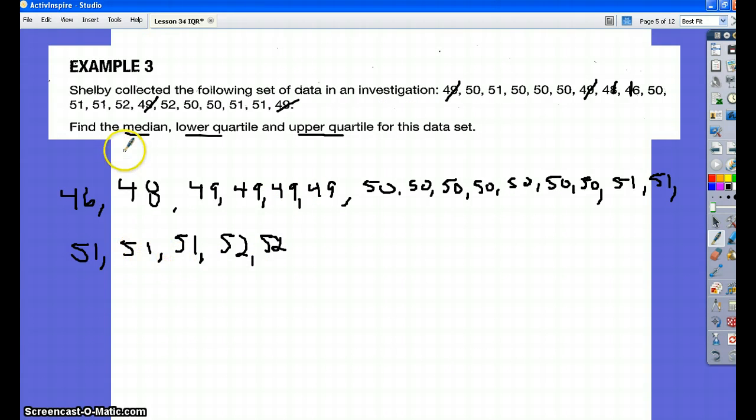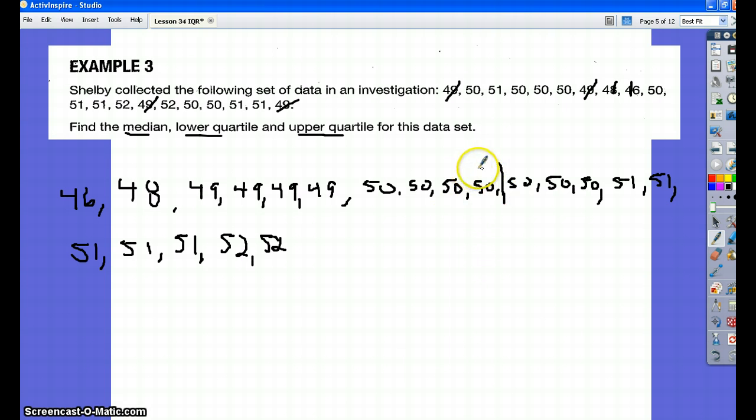So now we need to find the median. So let's find the middle number. If there's 20 pieces of data, so 1, 2, 3, 4, 5, 6, 7, 8, 9, 10, here's half the data. 1, 2, 3, 4, 5, 6, 7, 8, 9, 10. So the median is going to be between these two numbers, since there's not an exact middle number.